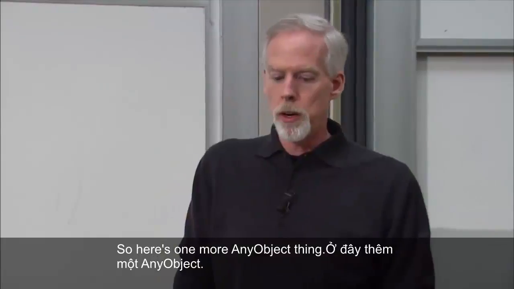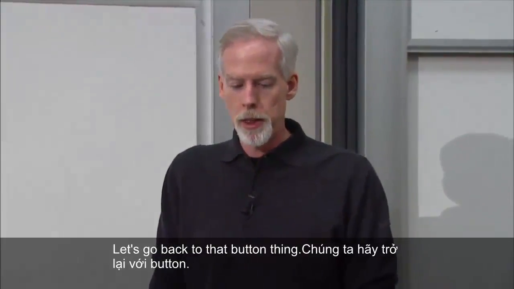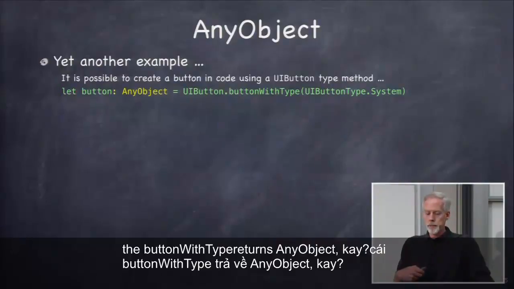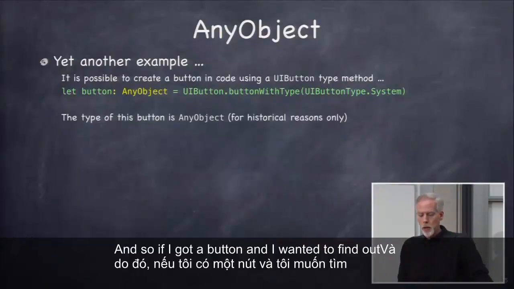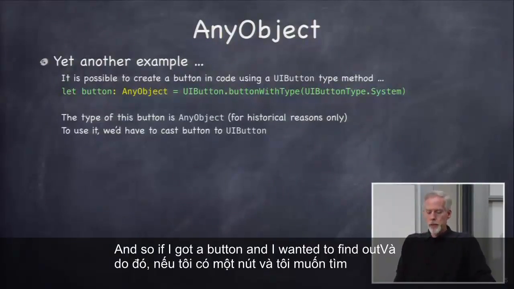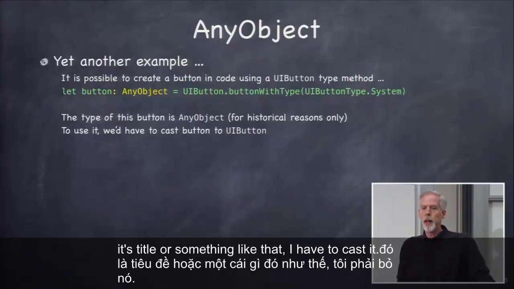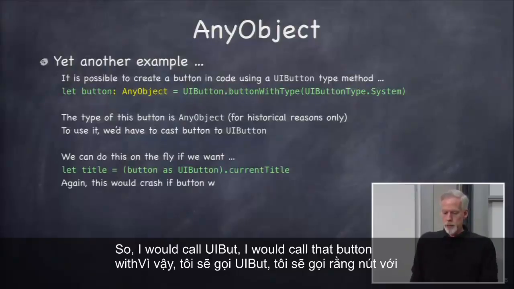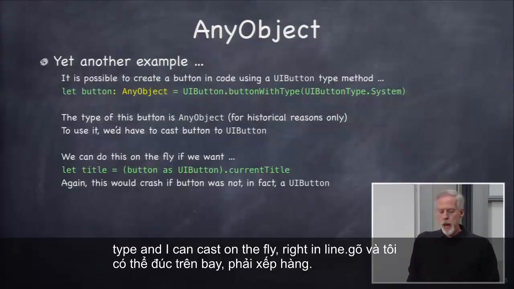So here's one more any object thing. Let's go back to that button thing. So I told you the button with type returns any object. Okay? And so if I got a button and I wanted to find out its title or something like that, I have to cast it. So I would call that button with type, and I can cast on the fly, right inline.